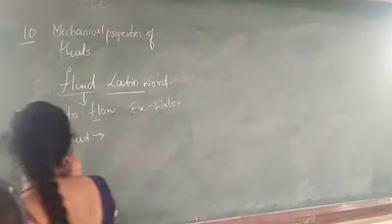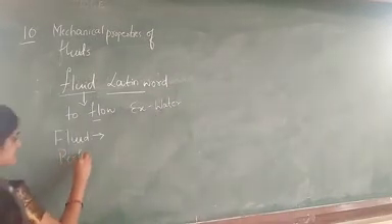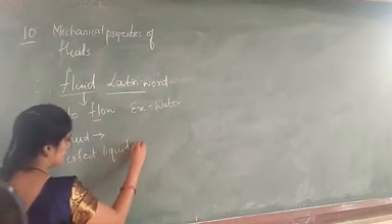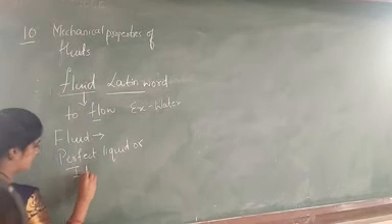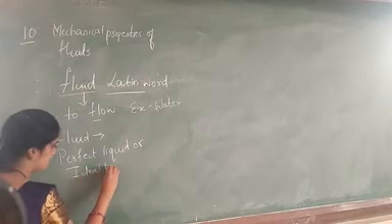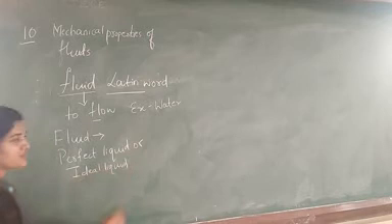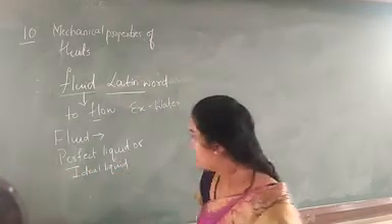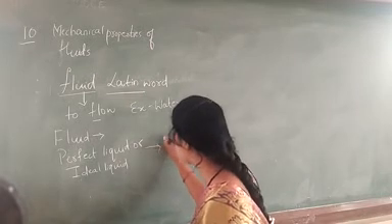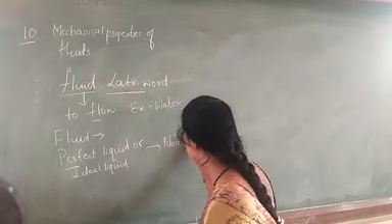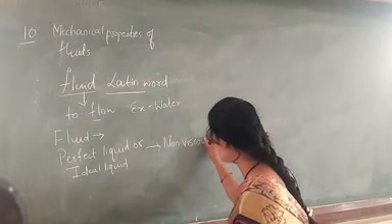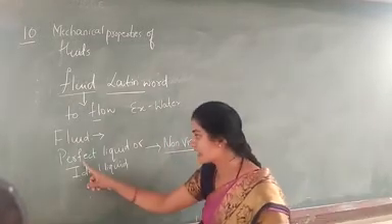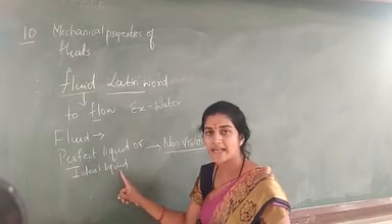Next, here we are considering the perfect liquid or ideal liquid. The fluid should be non-viscous. If it is non-viscous, then we can call it a perfect liquid or an ideal liquid.